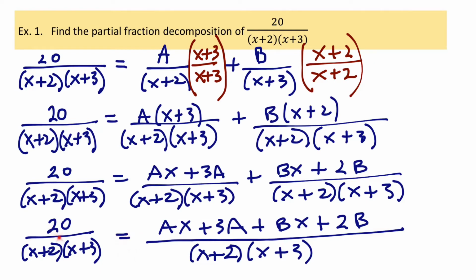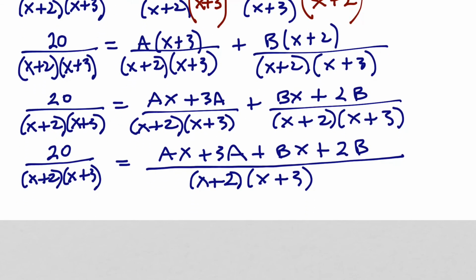So I can write an equation using only the numerators. Using only the numerators, 20 is equal to ax plus 3a plus bx plus 2b.